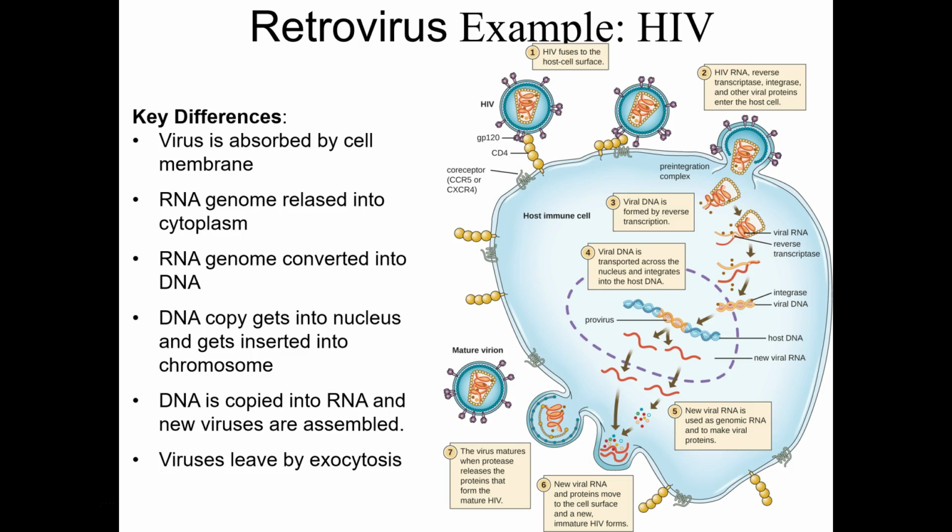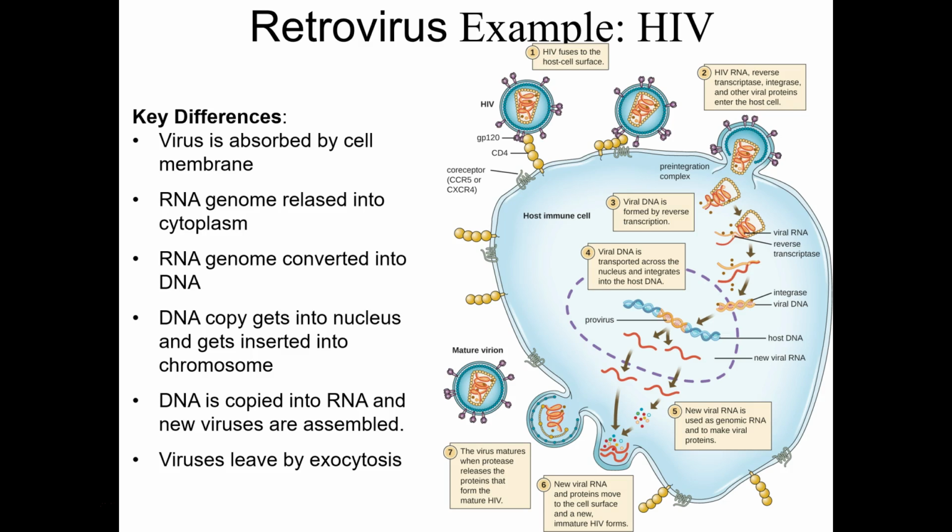So when we talked about gene cloning, we went through that awful slide on how to clone human genes, and it talked about reverse transcription. You take the mRNA and turn it back into cDNA. This is the virus we stole that from. HIV uses reverse transcriptase to convert its RNA genome into a DNA genome.